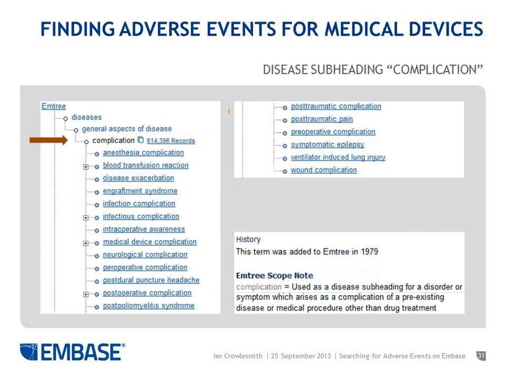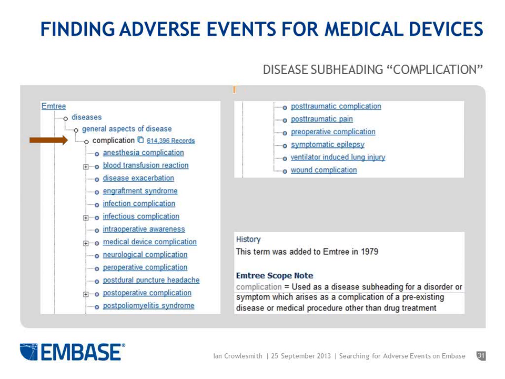Now, if you want to look for adverse events for medical devices, what you can't do is use a subheading, because we don't have one. We're looking at the possibility, and we think we will be able in the course of next year to add a subheading adverse effects for medical devices. But at the present time, you can't do that.